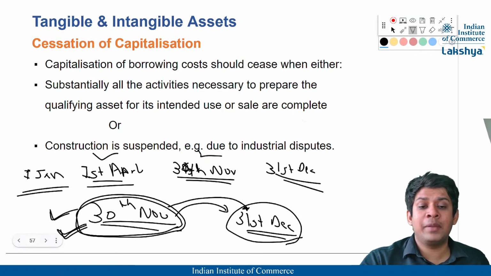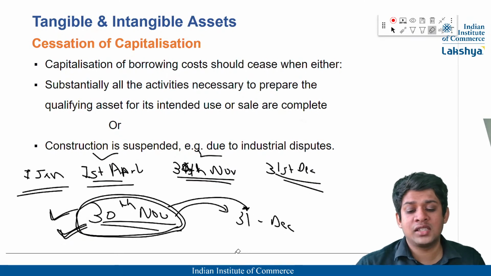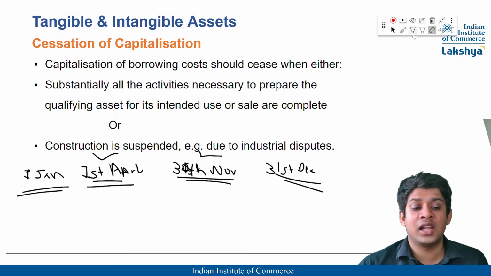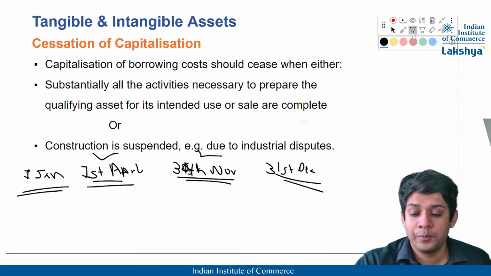It doesn't matter when I bring the asset into use. My asset is prepared for its intended use or sale. From that period, I will cease my capitalization. Correct? So that means if my asset is already prepared for its intended use or sale on 30th November, then I can capitalize only till 30th November, irrespective of whether I bring it into use after 3 years or 4 years or 3 months or 2 months, right?